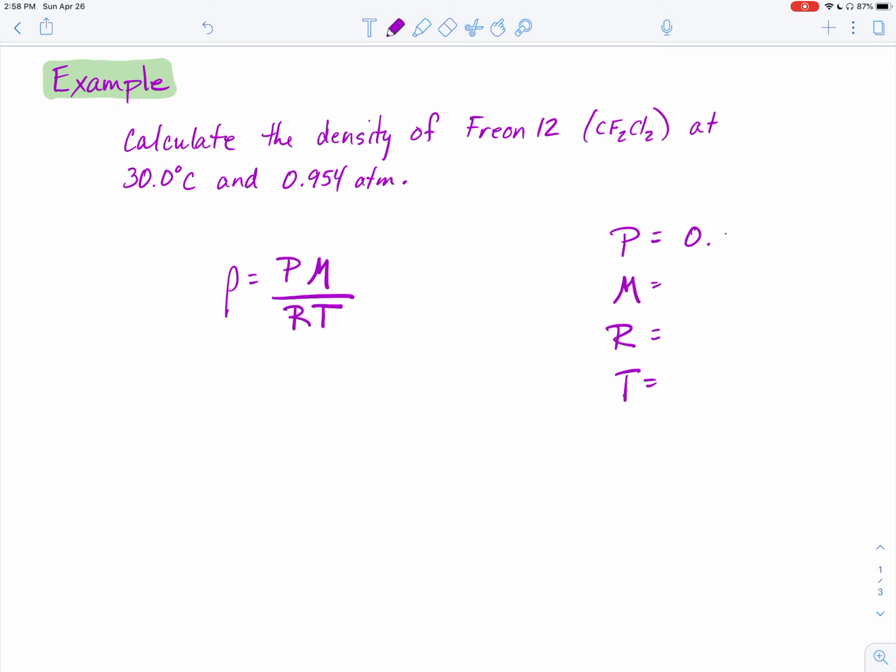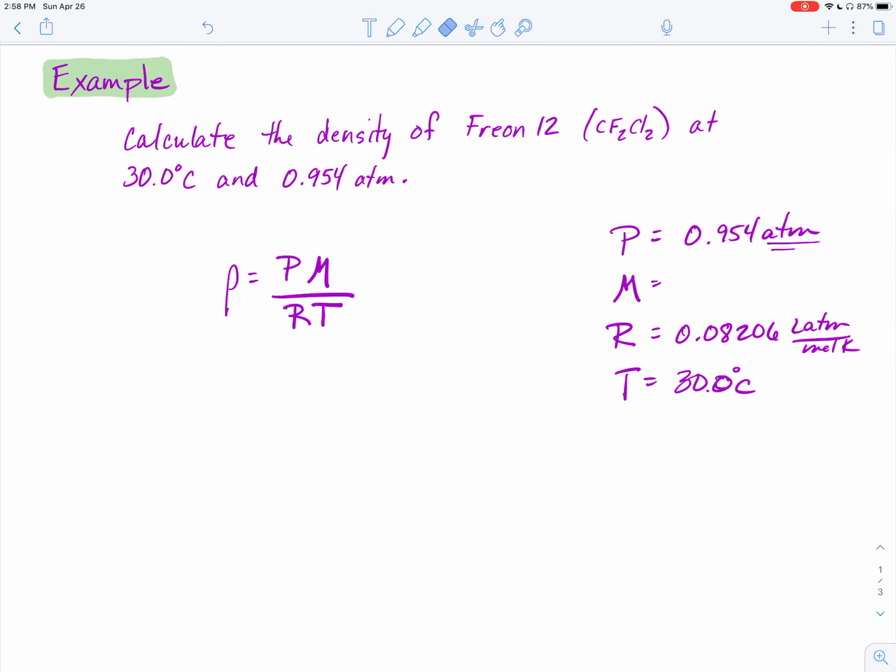We'll start with 0.954 atm. That means if we're using atm for pressure, our R needs to be 0.08206 liter atm per mole Kelvin. Our temperature is 30.0 degrees Celsius, and we need to make sure that's in Kelvin.